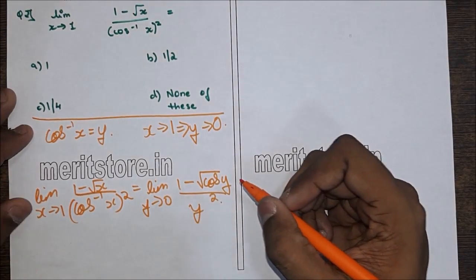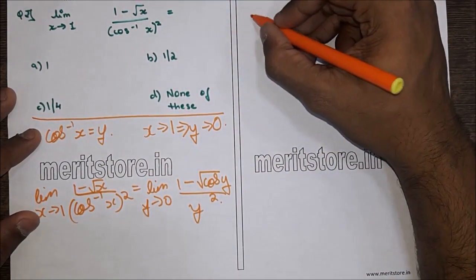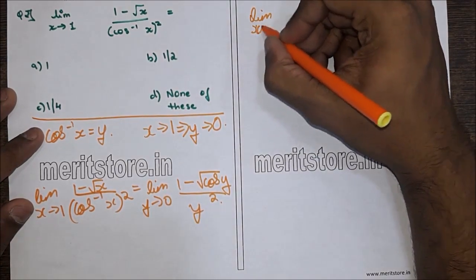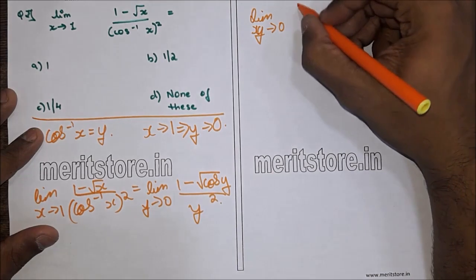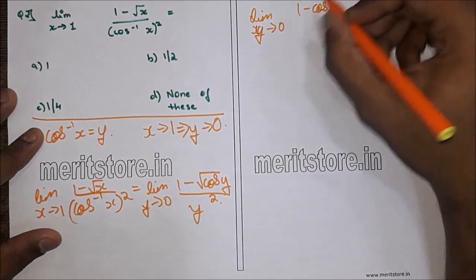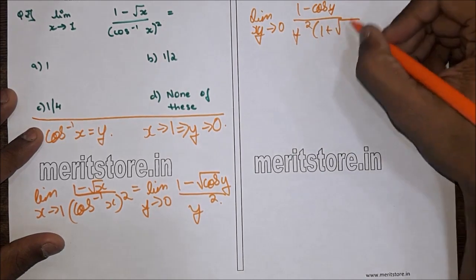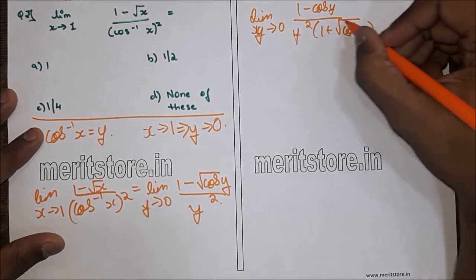Now rationalizing it, we get limit of y tends to 0, (1 minus cos y) upon y square into (1 plus root of cos y).